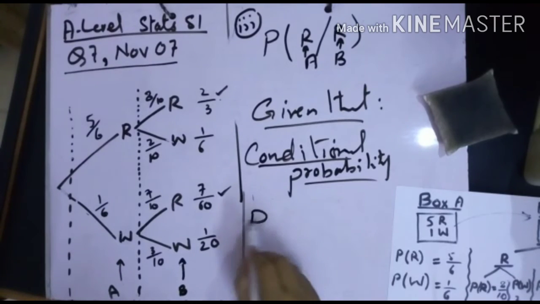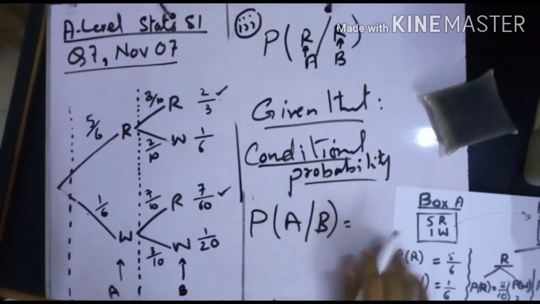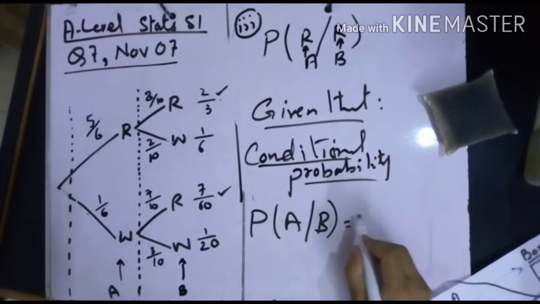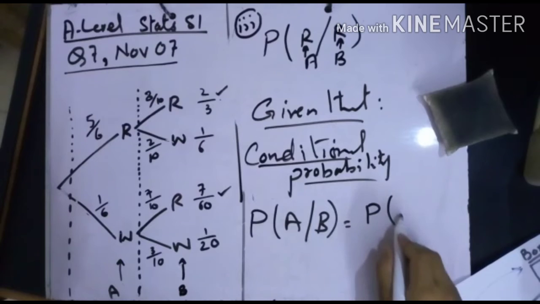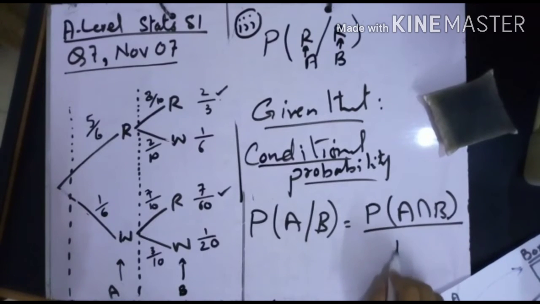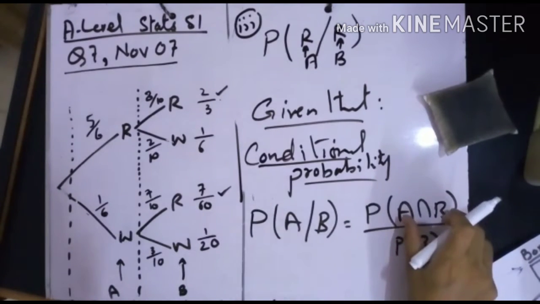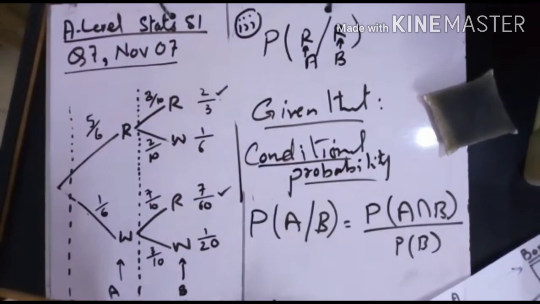So the probability of finding A given that B is equal to the probability of A and B divided by the probability of the given. We have to remember that the given is always in the denominator and the probability of both together is in the numerator. So this is the formula.